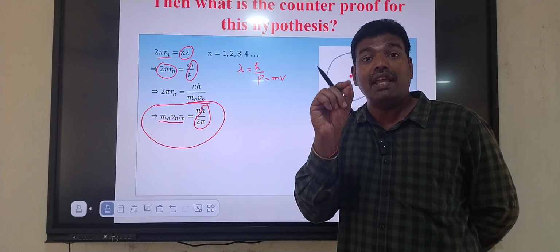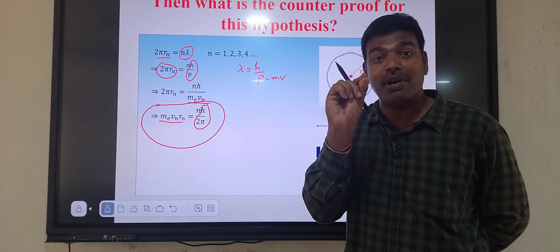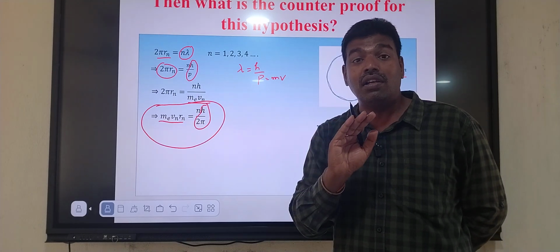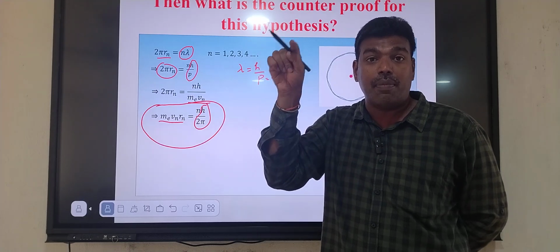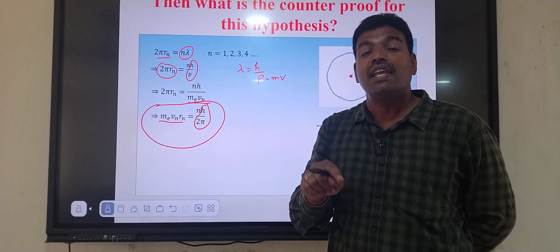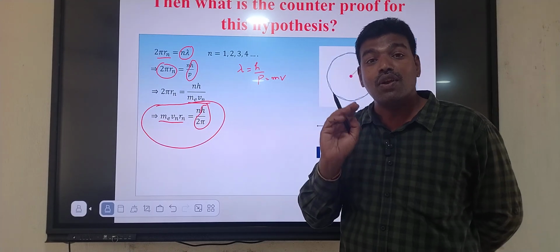Not all orbits are possible; only in such orbits are electrons revolving around the nucleus.